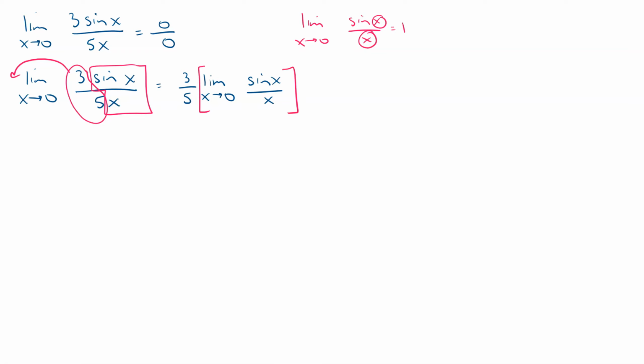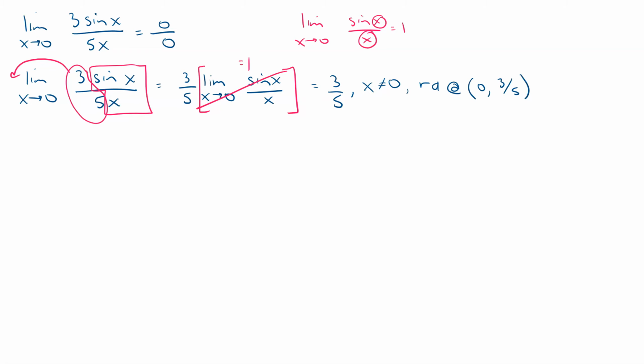Now you see the limit-trig combo, which just equals 1. 3/5 times 1 equals 3/5. There's a restriction that x can't be 0, and there's a removable discontinuity at 0, 3/5.